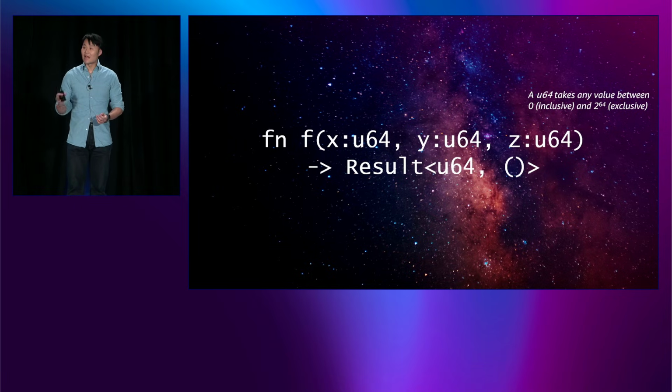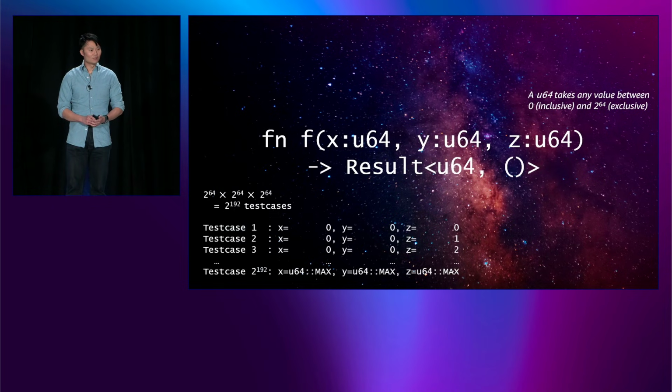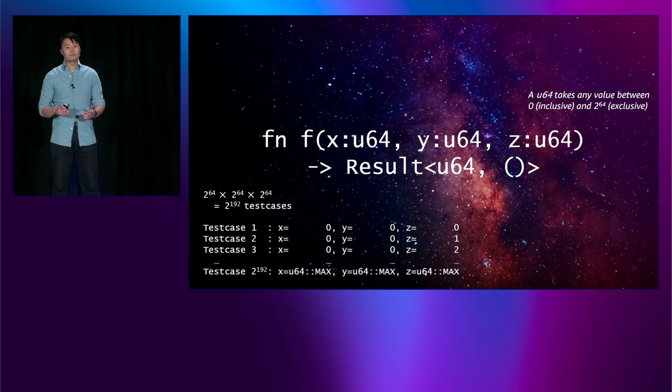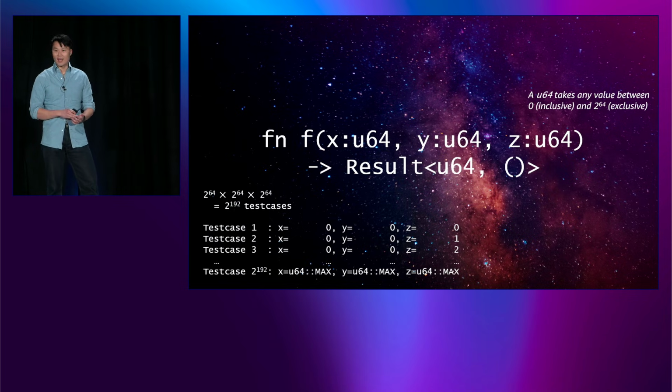For example, never returning an error for any possible input. If we wanted to show that property through exhaustive testing, we'd need 2 to the 192 test cases, 1 for every possible assignment of X, Y, and Z. This is a massive number.